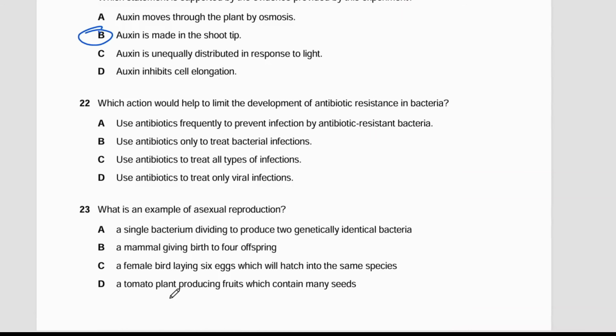Then which action would help to limit the development of antibiotic resistance in bacteria? Limit. Okay, antibiotics are only for bacterial infections.